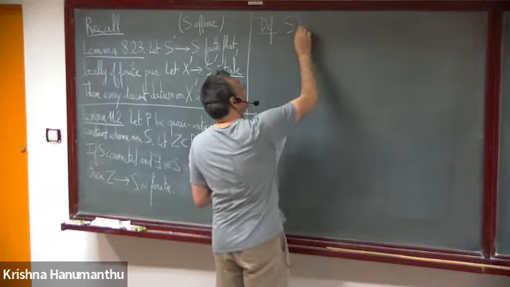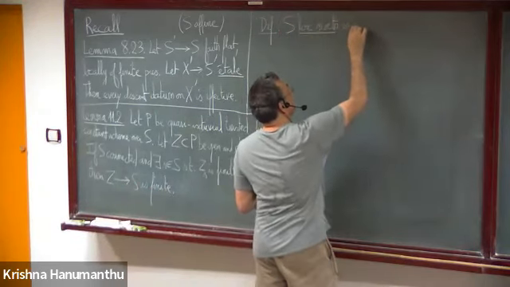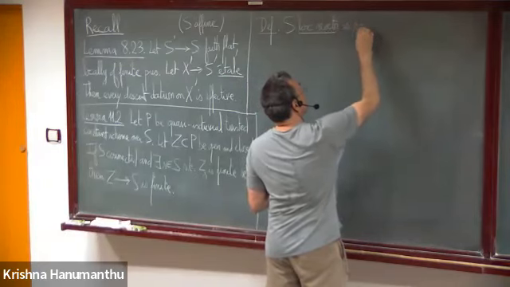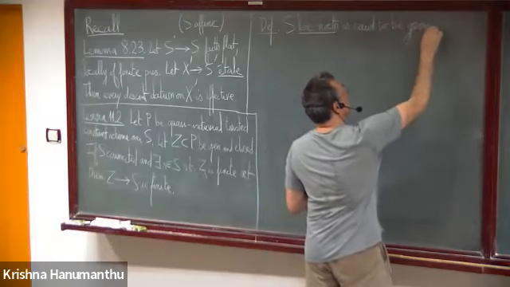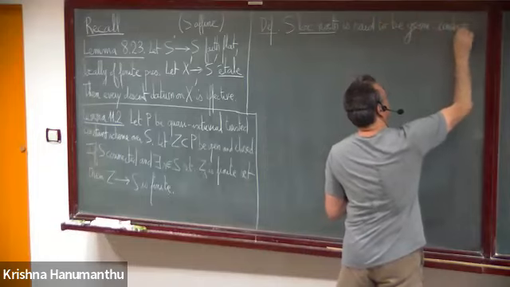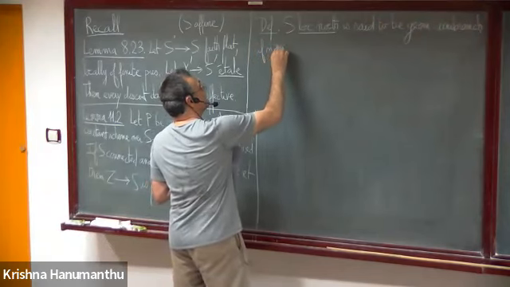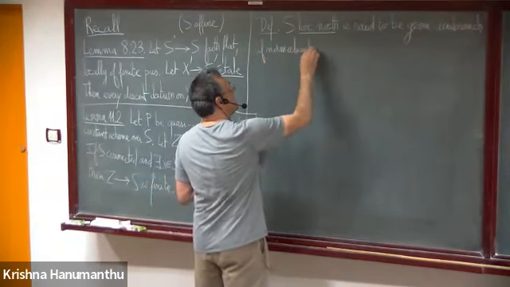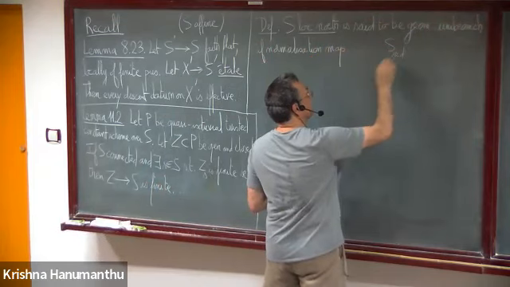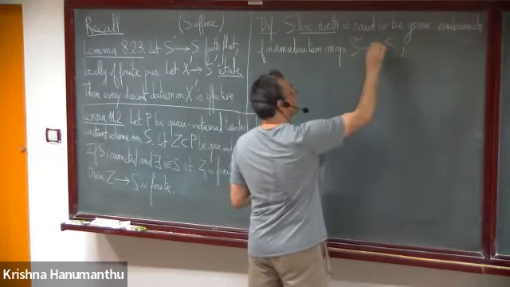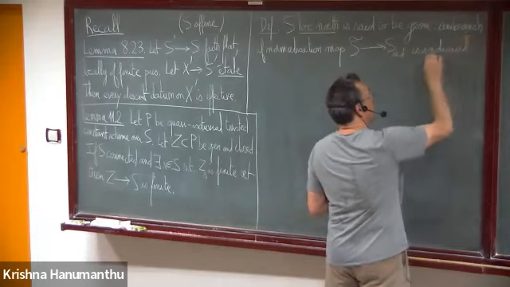Our base scheme S, which is assumed to be locally noetherian, is said to be geometrically unibranch if the normalization map, so first we take the reduced scheme, and so it has a normalization still, is radical.